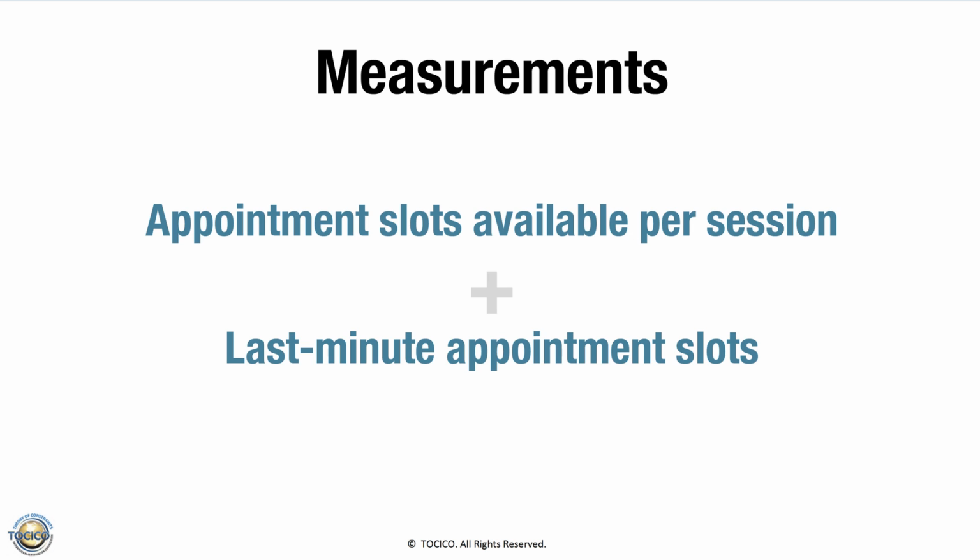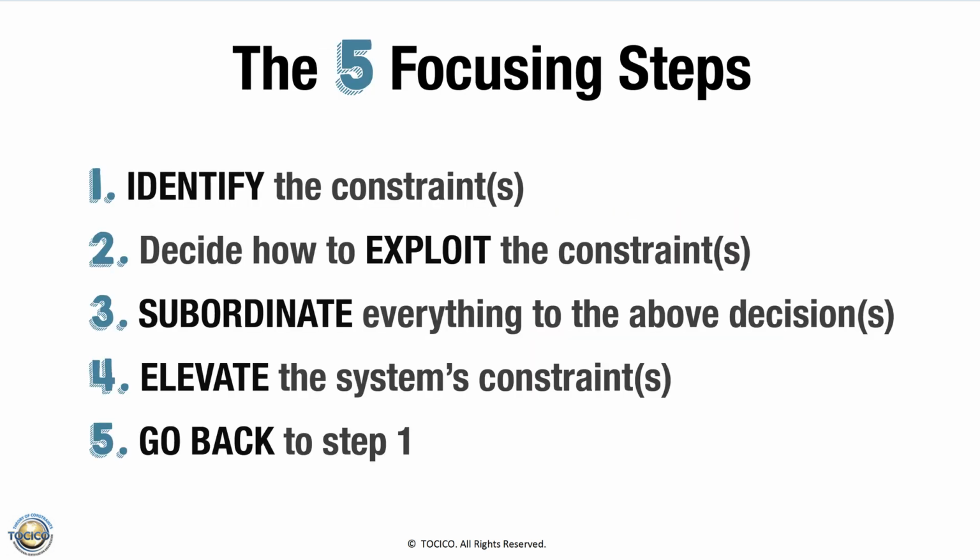We used the appointment slots available per session and the last minute appointment slots, so as not to have a no-show. So I used these, and then I used the 5 focusing steps to achieve our desired results. So let's see how I did it.